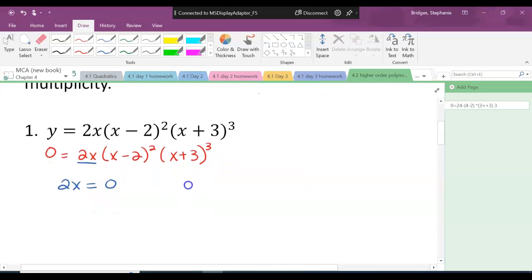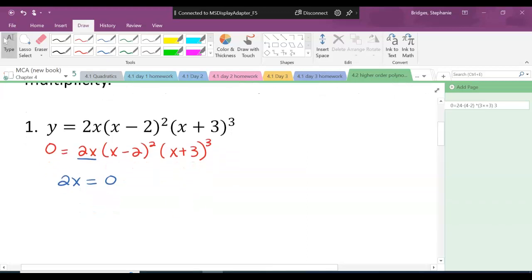So if I have 2x equals 0, how do I solve that one for x? We just divide by 2. And so therefore x is going to be 0, right? 0 divided by anything is 0. And that only occurs 1 time because there's no exponent other than 1 on that x.